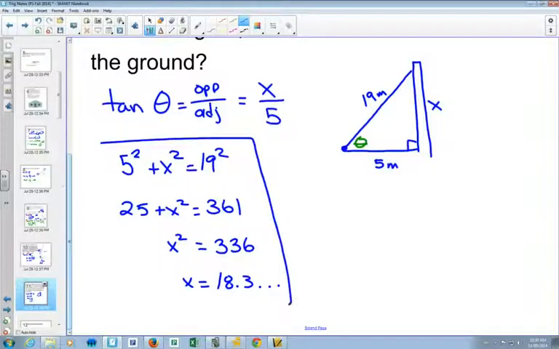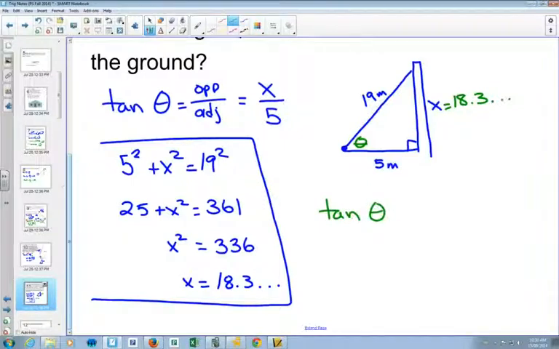So now that I've figured this out, I know that this x is 18.3. So now I can say my tan ratio, opposite, is 18.3 divided by the 5. And I have enough information here.